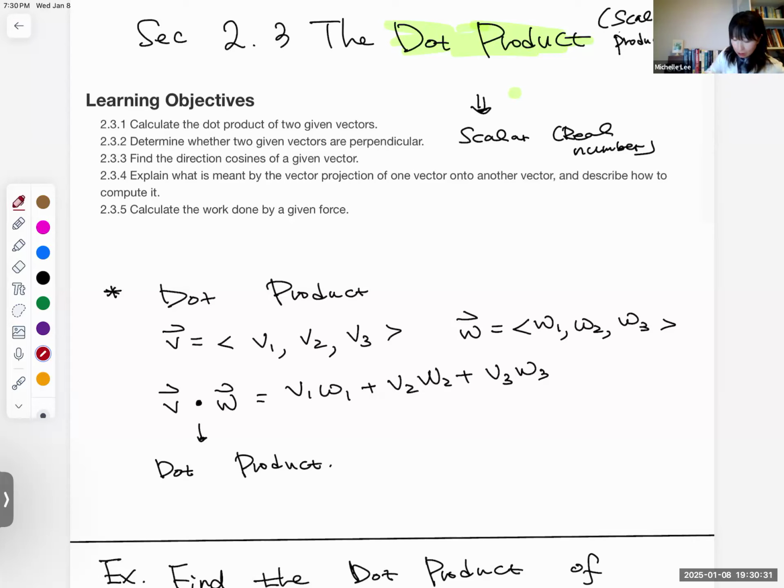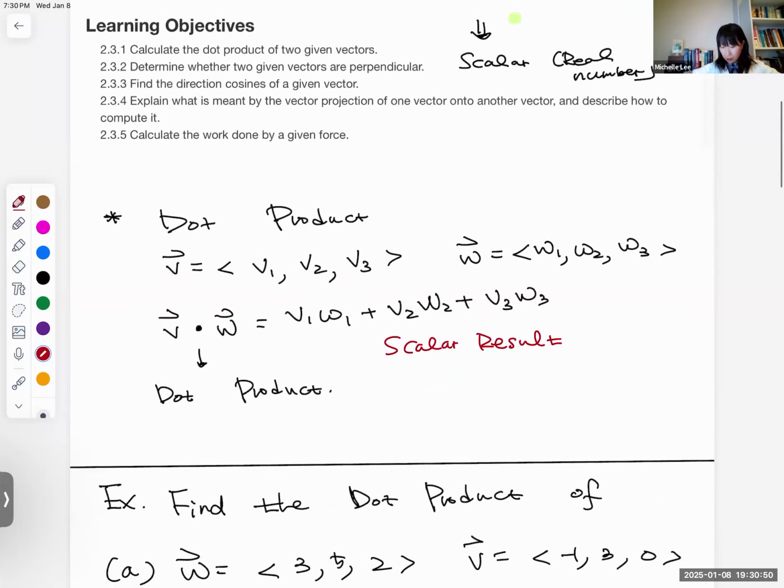So we will get a scalar result. That's why in other books they say scalar product. Okay. All right. So let's do it.